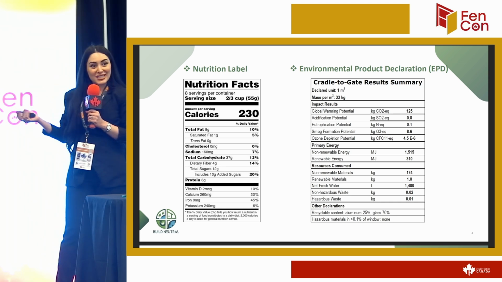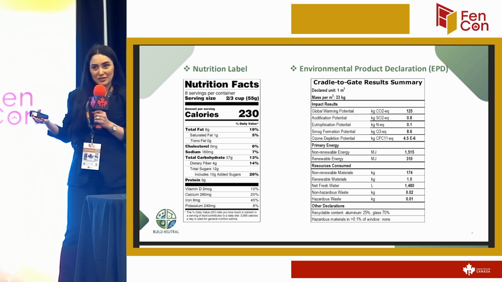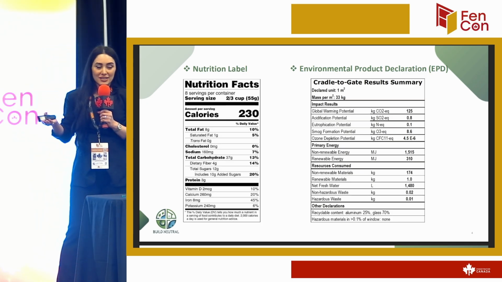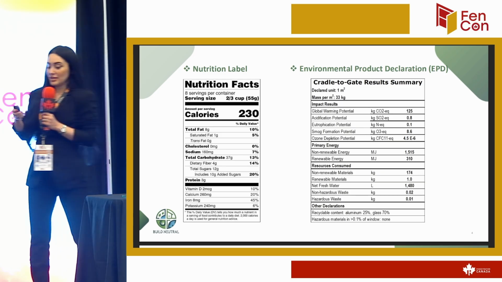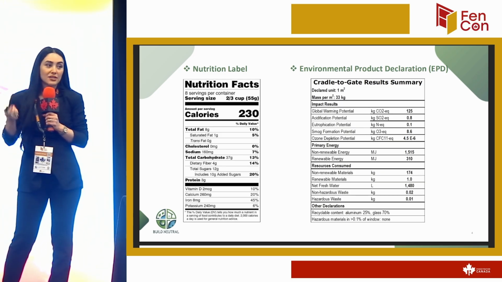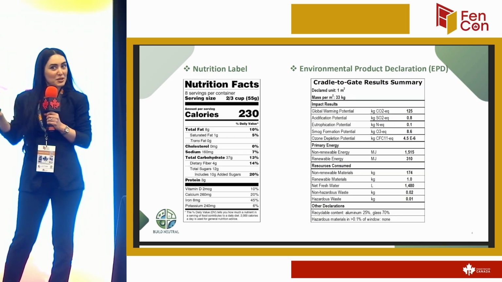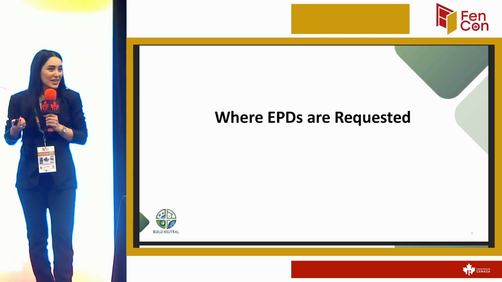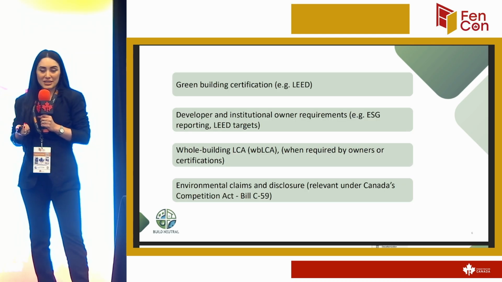So when it comes to EPDs, we say that's the functional unit. What's the unit of calculating the global warming potential or calorie for the product? So declared unit or functional unit, a new word maybe you learned, which we are going to talk about later. So now, where EPDs are requested.